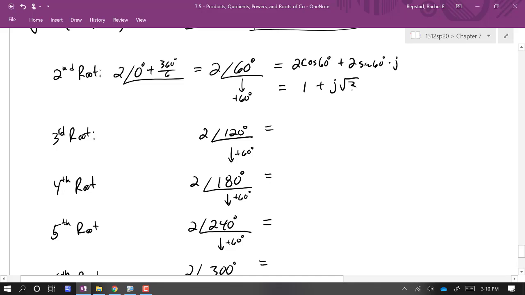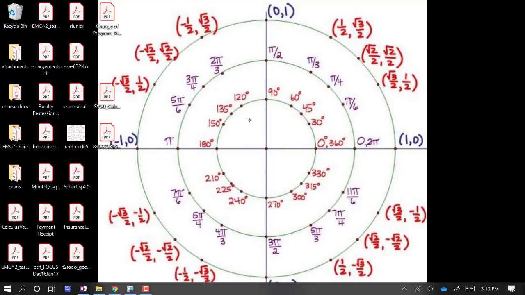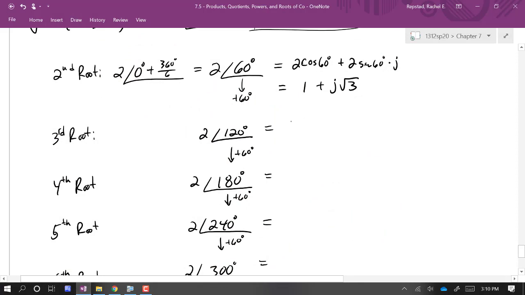So 1 plus j root 3. At 120, cosine is negative a half, and sine is positive root 3 over 2. So when I multiply that by 2, I get negative 1 plus j root 3.